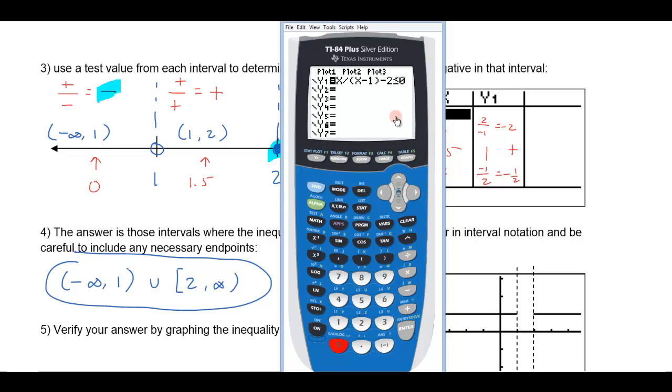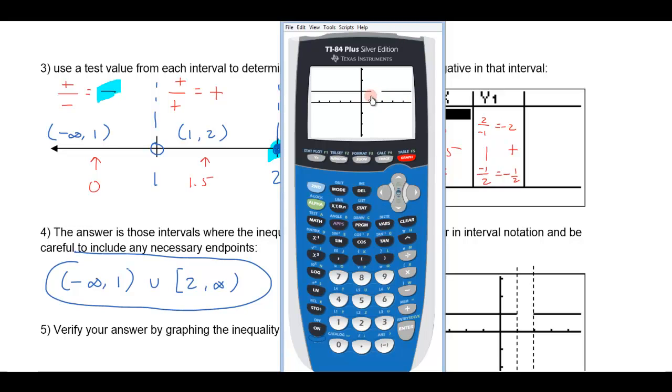And then when I graph that, that's going to graph where this expression is true. It's going to graph the number 1 if this is true, and it's going to graph the number 0 if it's false. All right, so notice it graphs true from minus infinity to 1, and then it's not true between 1 and 2, and then it's true again over here to the right of 2.